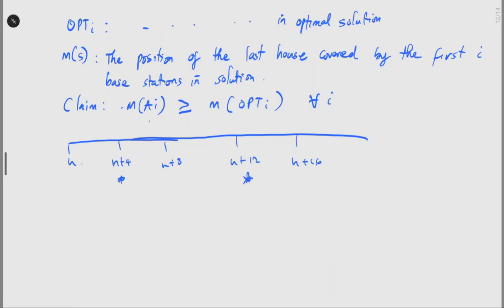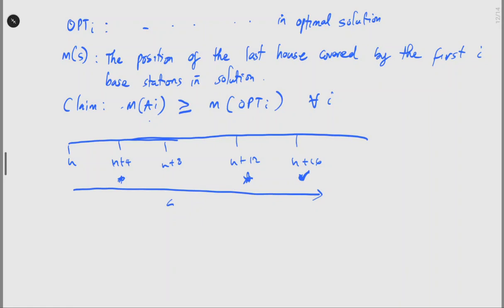So if this is the position of the last house covered by these 2 stations, it implies that the number of base stations we need to cover this whole distance for the greedy will be less than the number of base stations we will need to cover this same distance.